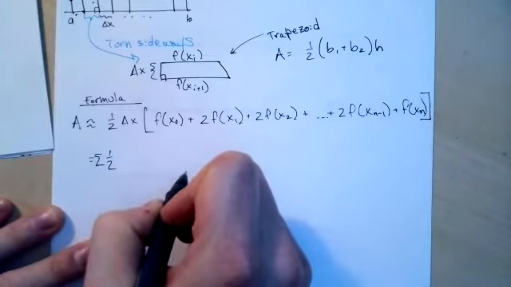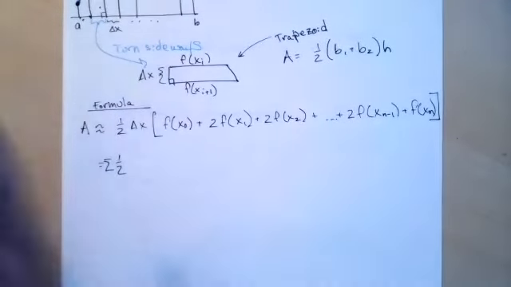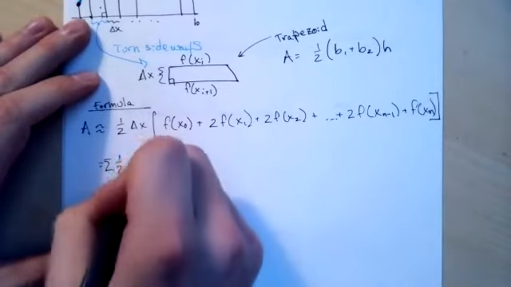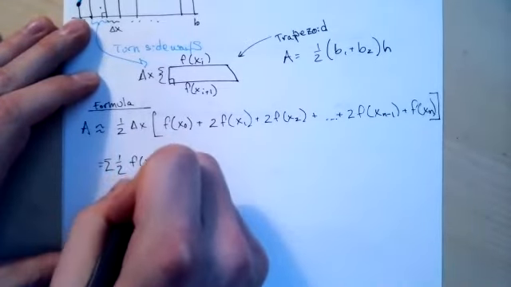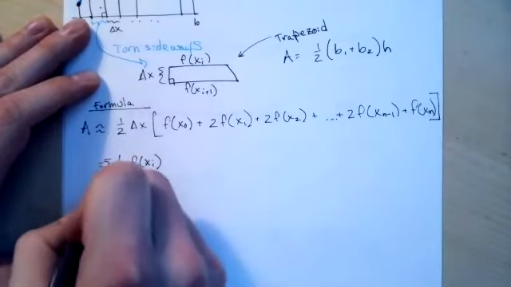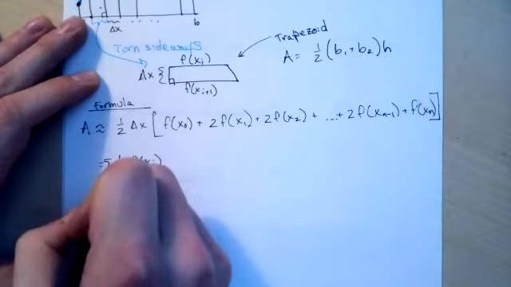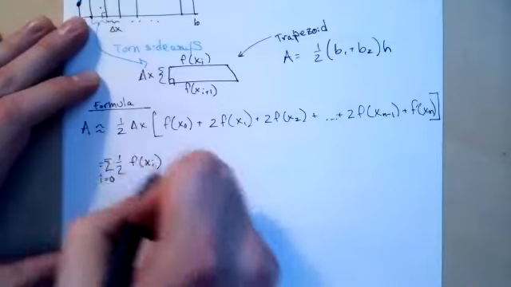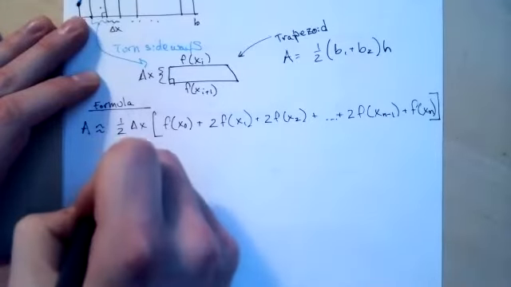I don't know if we can even write that well since we've got 2's and all there. We want to do f of xi, i equal to 0 to, here, let's write it out a little differently.